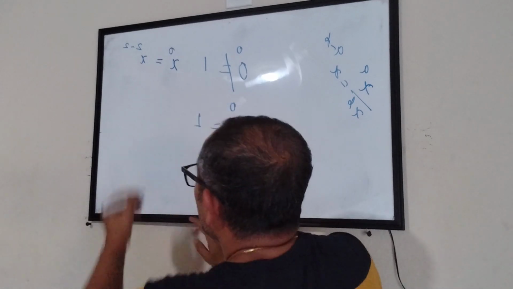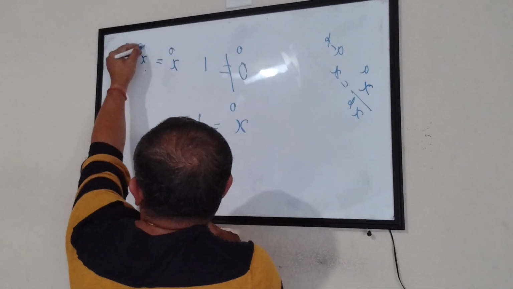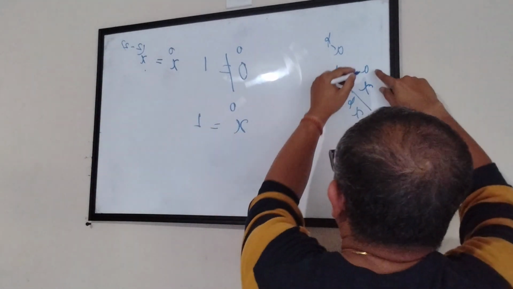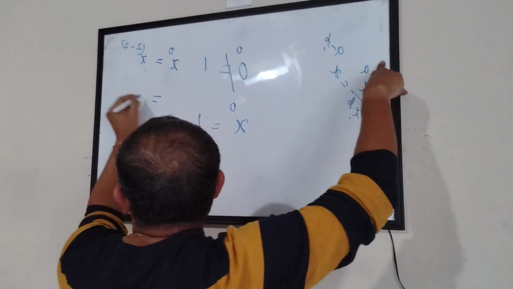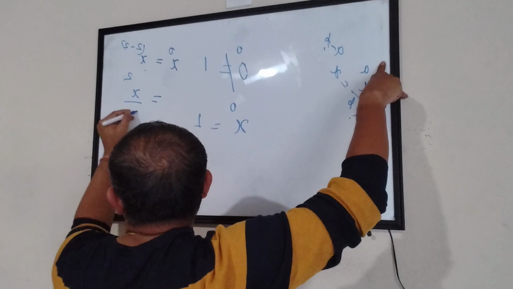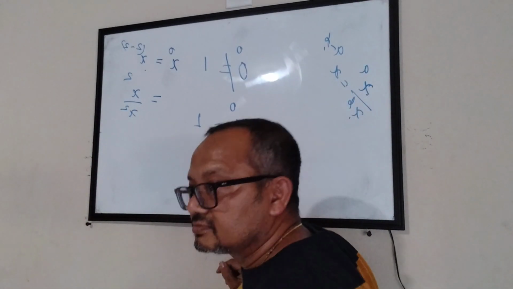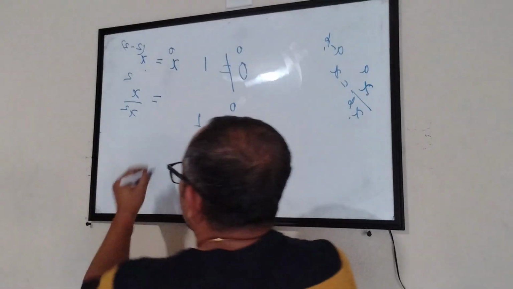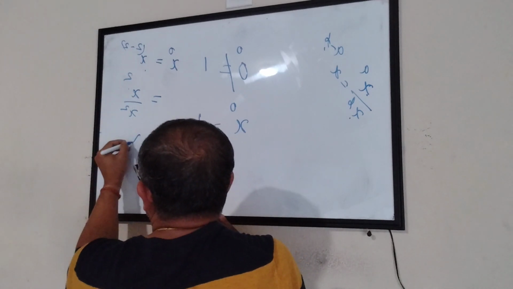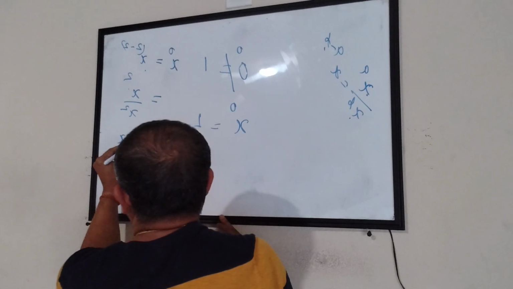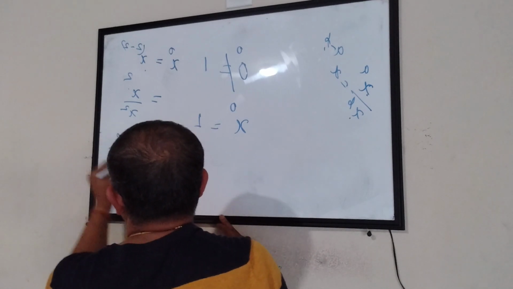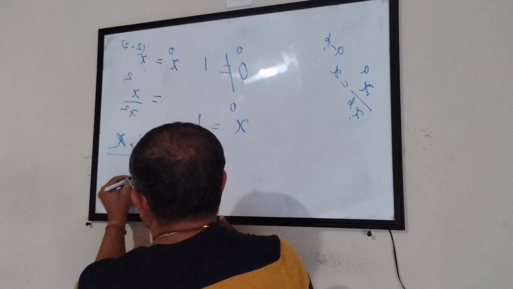Now this is x to the power a minus b. Again, x to the power a minus b is nothing but x power a by x power b. That means x to the power 2 divided by x to the power 2, which means x to the power 2 is nothing but x into x, divided by x square, again x into x.